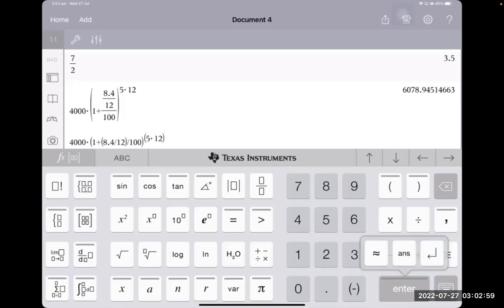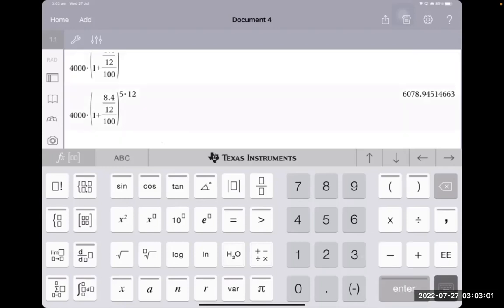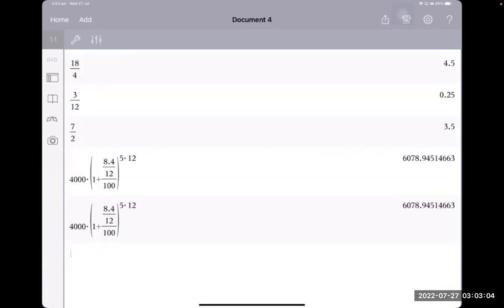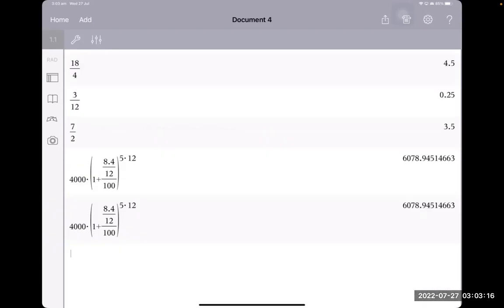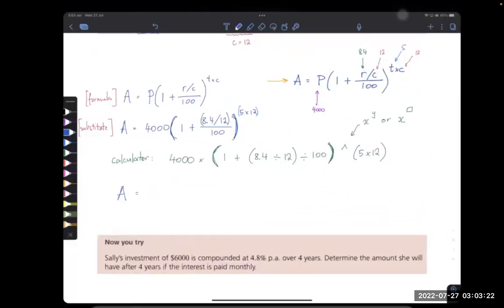Now if I press Control Enter, notice they end up being the same answer. It reads it and realizes that it's the same format. So we get our answer as $6,078.95 because we round up.